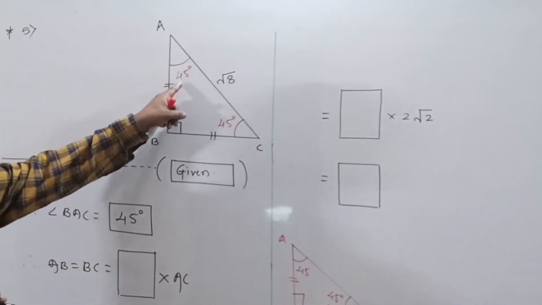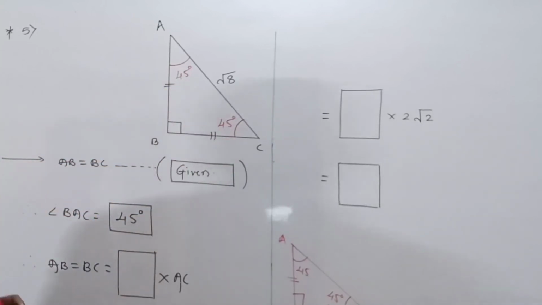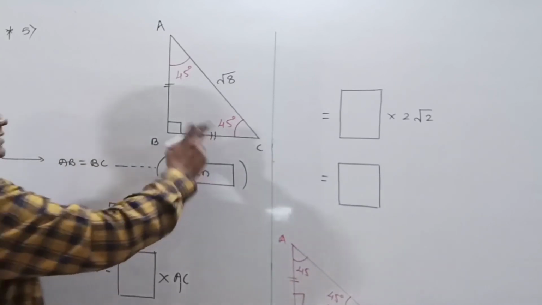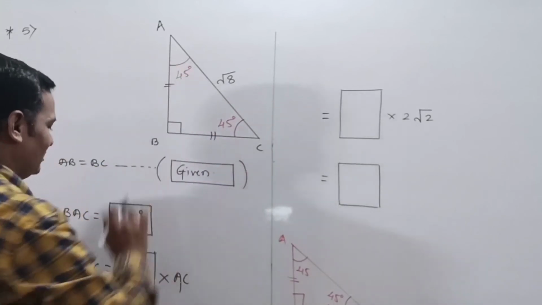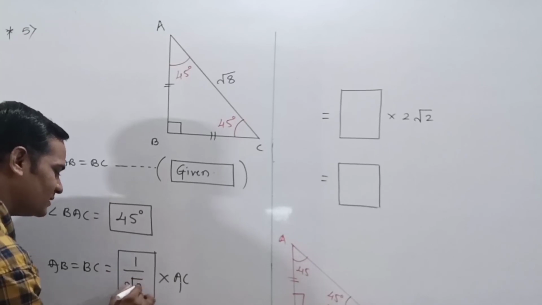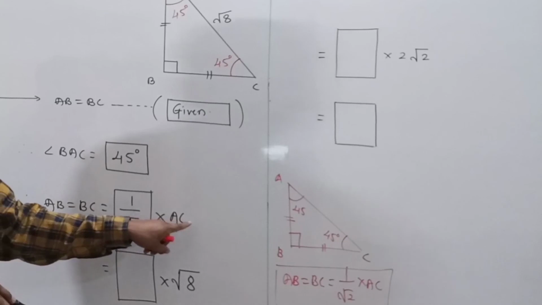If that angle is 45 degrees, then this one is also 45 degrees. We already discussed this. The side opposite to 45 degrees, look at both sides AB and BC, these are the sides opposite to 45 degrees, and that side will be 1 upon root 2 times the hypotenuse.